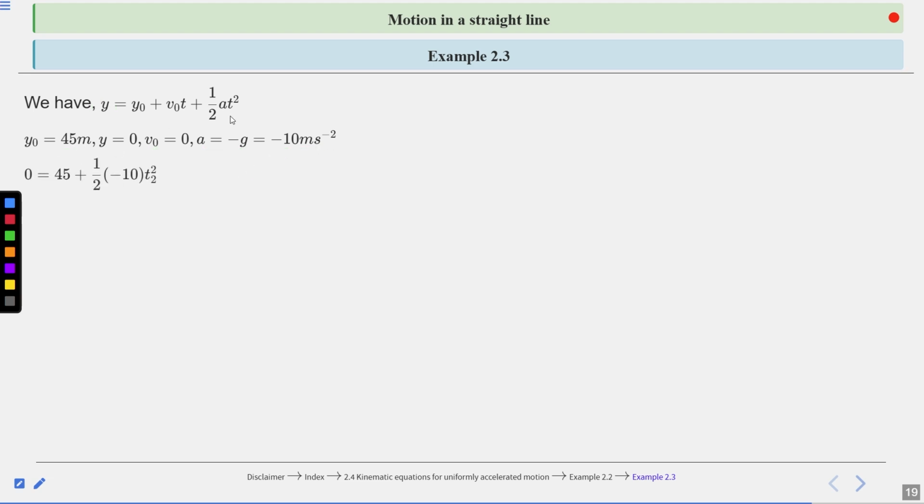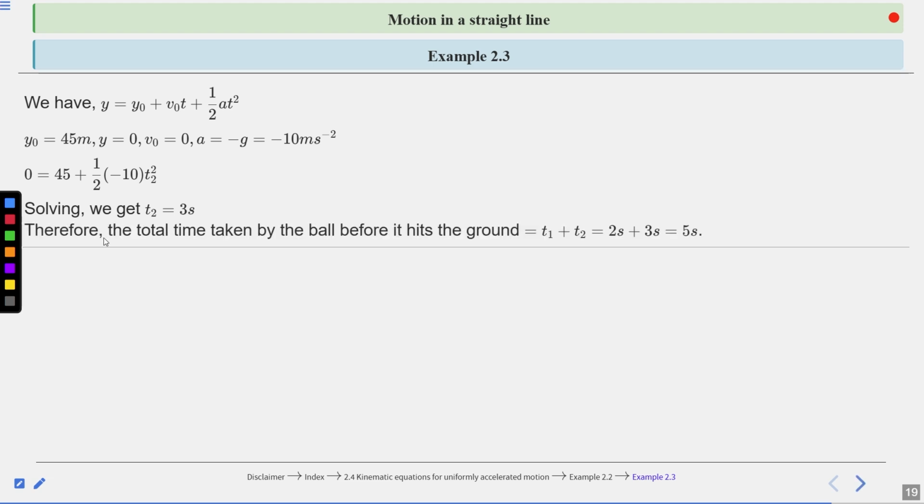Substituting, we get 0 is equal to 45 plus half into minus 10 into T2 square. Solving this, we get T2 equal to 3 seconds. Therefore the total time taken by the ball before it hits the ground is T1 plus T2, so 2 seconds plus 3 seconds equals 5 seconds. Clear?